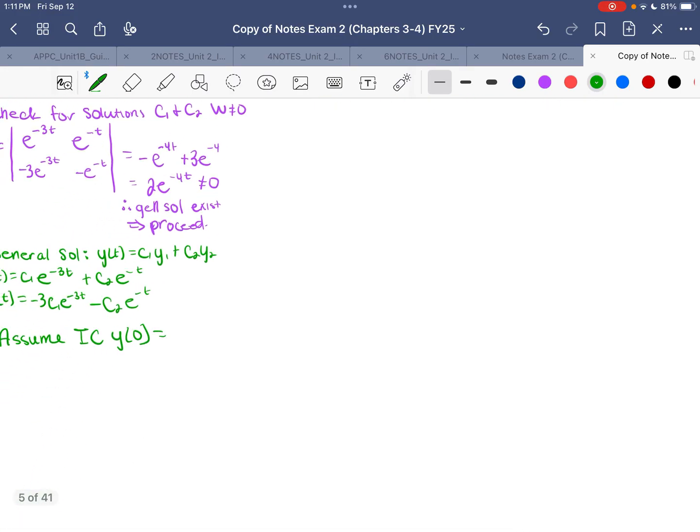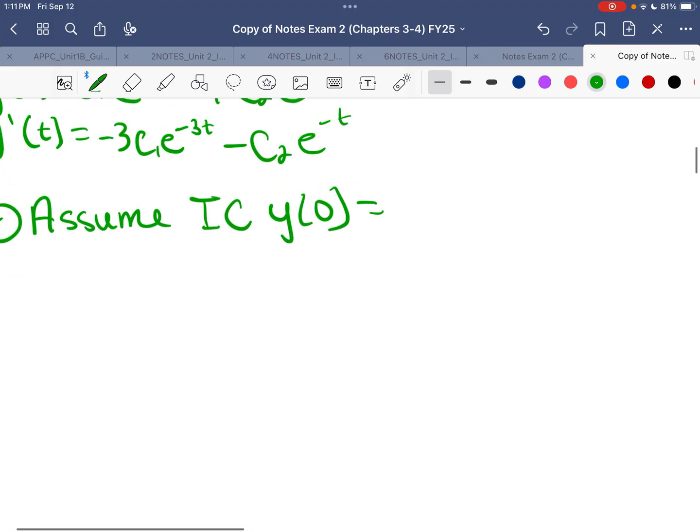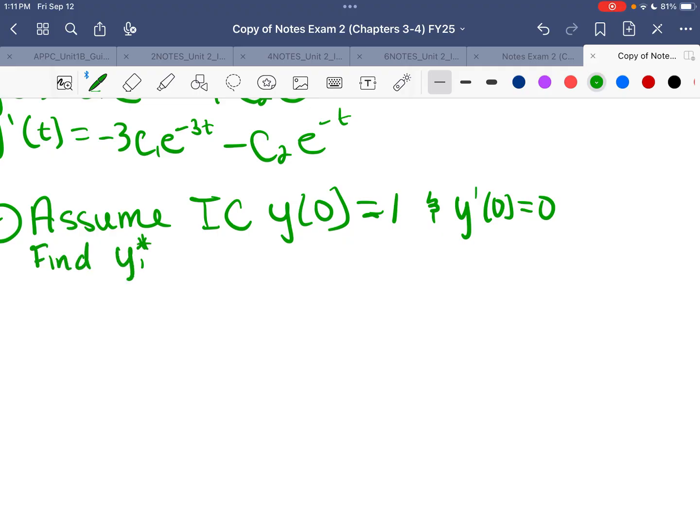So we're going to first get what y1 star is equal to. We're assuming y at 0 is equal to 1 and y prime at 0 is equal to 0, and we're going to find y1 star for the fundamental set of solutions.